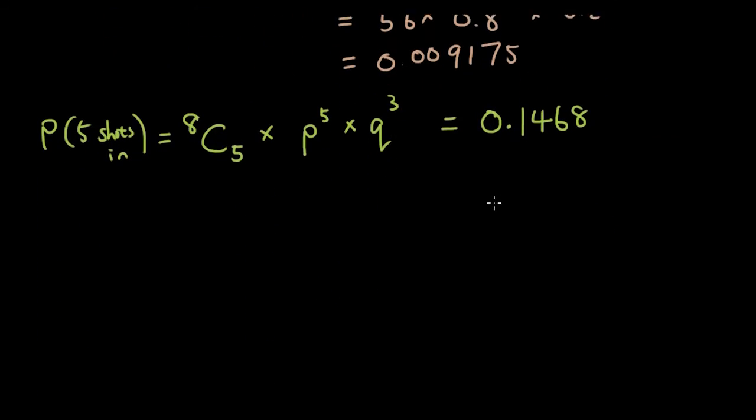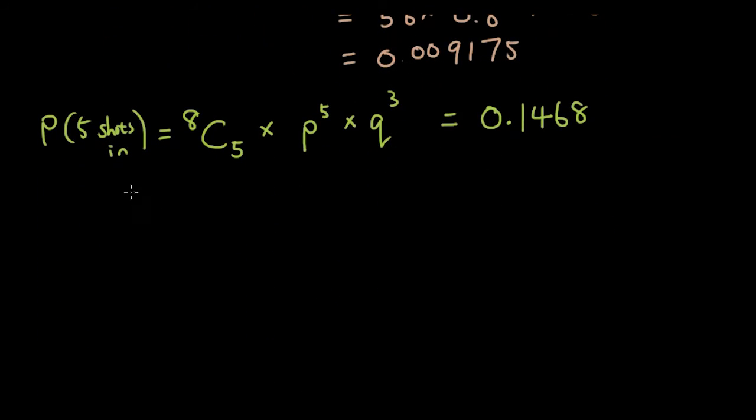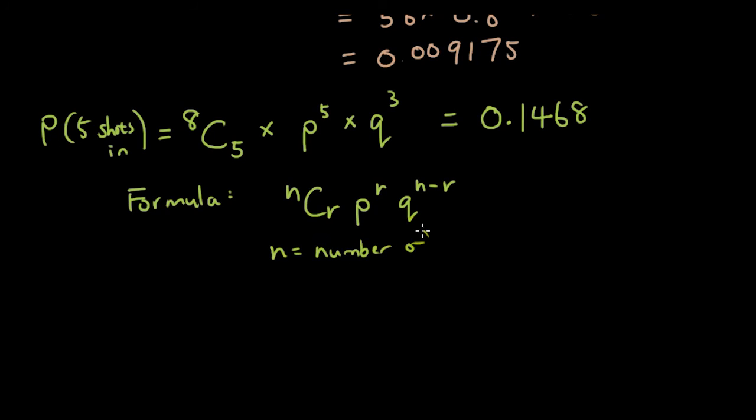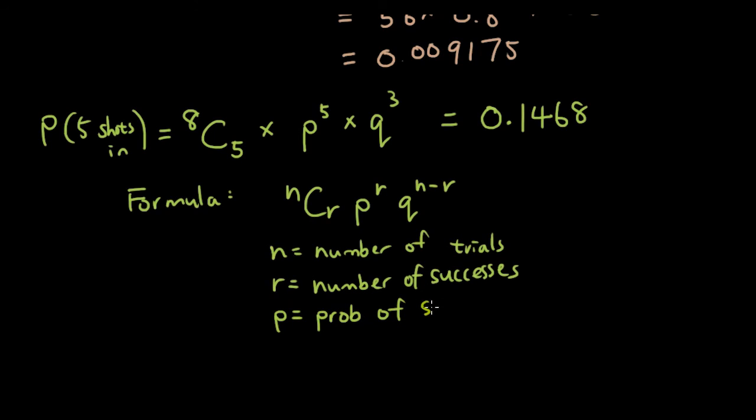So the formula for the binomial distribution is this: nCr times P to the power of r times Q to the power of n minus r, where n is the number of trials, r is the number of successes, P is the probability of success, and Q is the probability of failure.